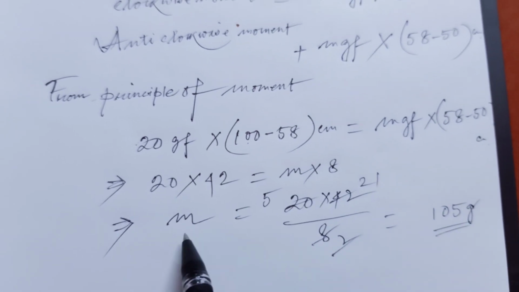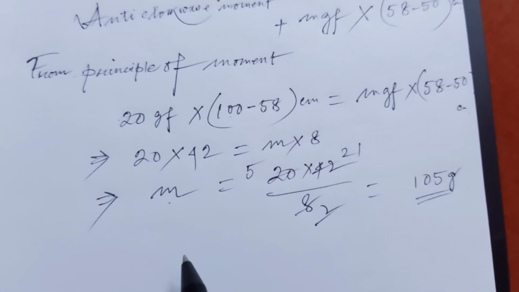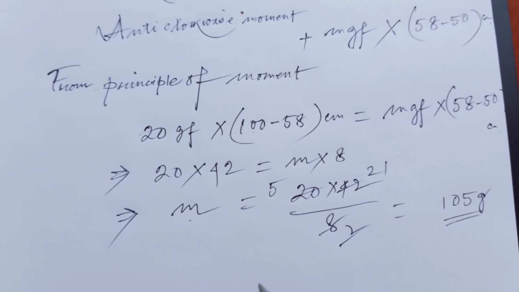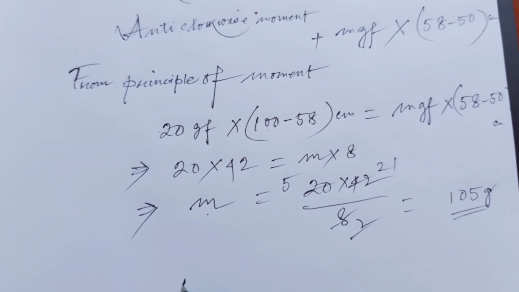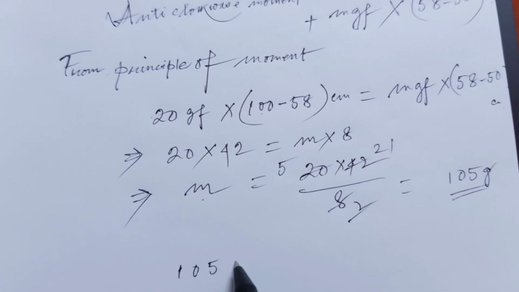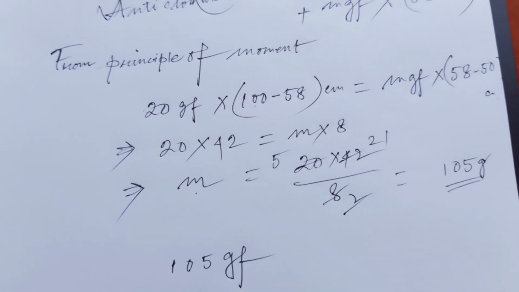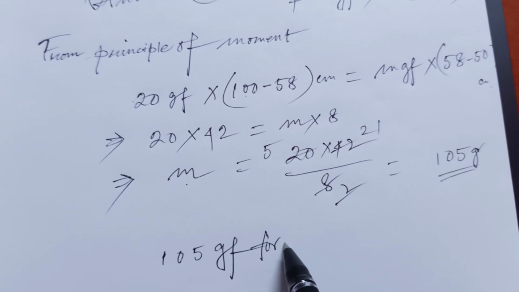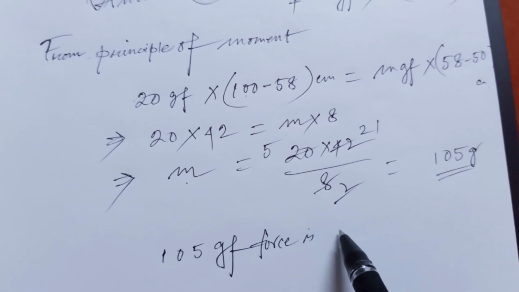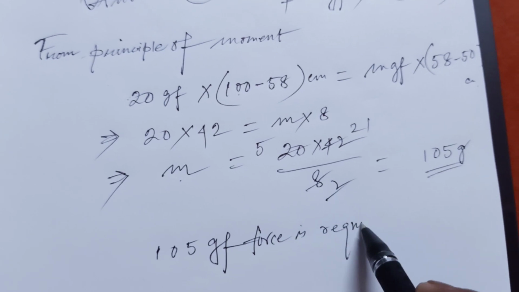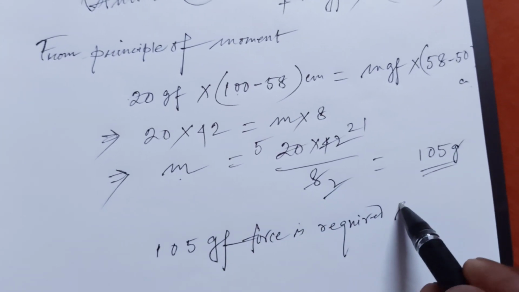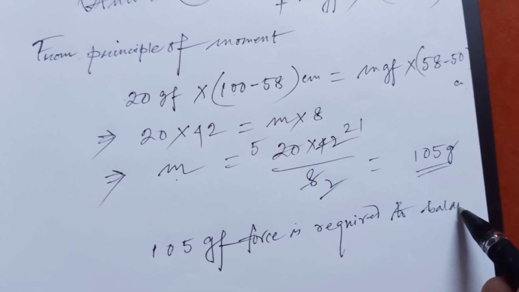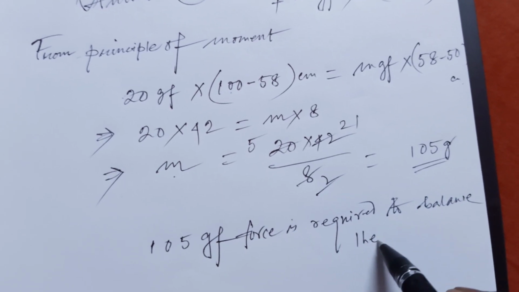If we write in terms of weight, then we can say 105 gram force, it is the gravitational unit. So 105 gram force is required to balance the meter rule.